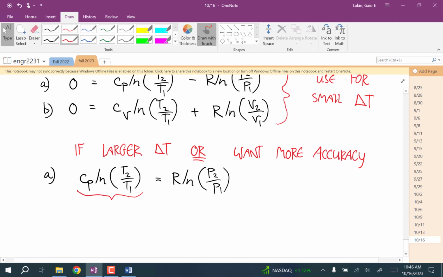Remember that we have already expressed this as S0 of T2 minus S0 at T1.